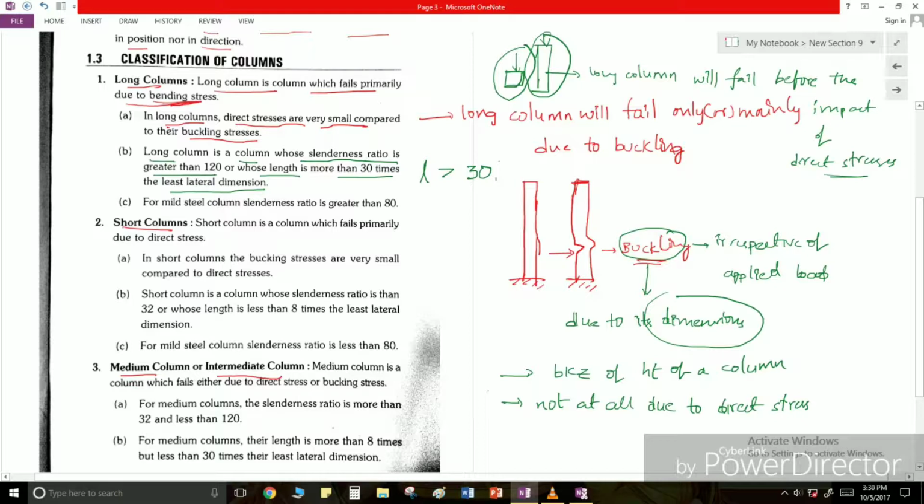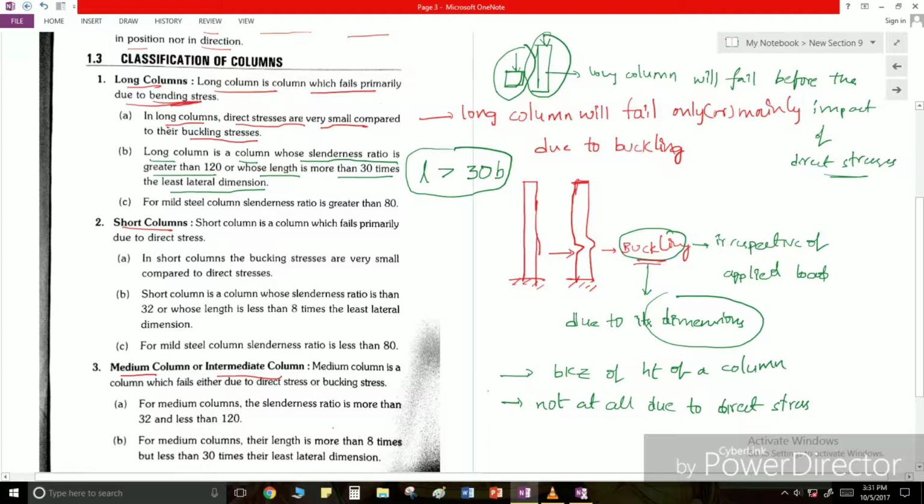Okay, now we'll discuss. A long column is a column whose slenderness ratio is greater than 120, or whose length is more than 30 times the least lateral dimension. That is, if the height of a column is greater than 30 times the breadth or some least lateral dimension, then that column can be classified as a long column.